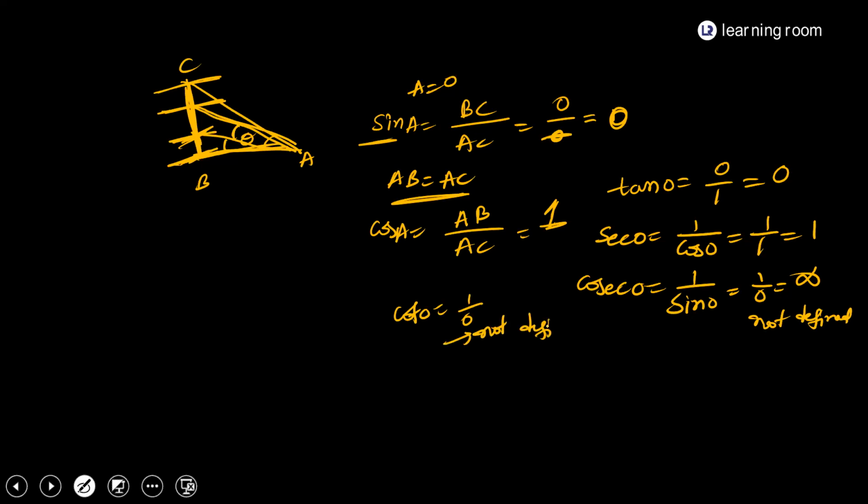Okay. Understood? So now we do it for 90. Now let us see what happens to the trigonometric ratios of angle A when it is made larger and larger in triangle ABC till it becomes 90 degrees.